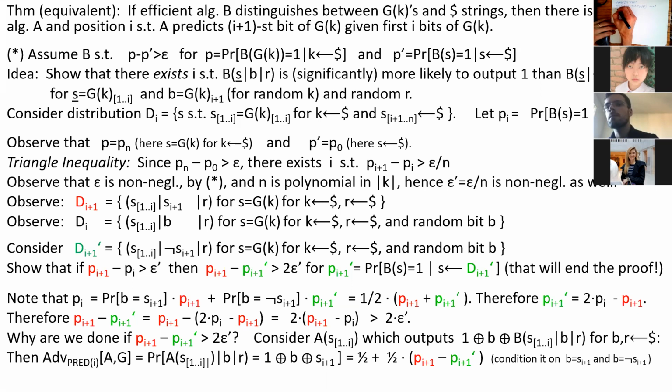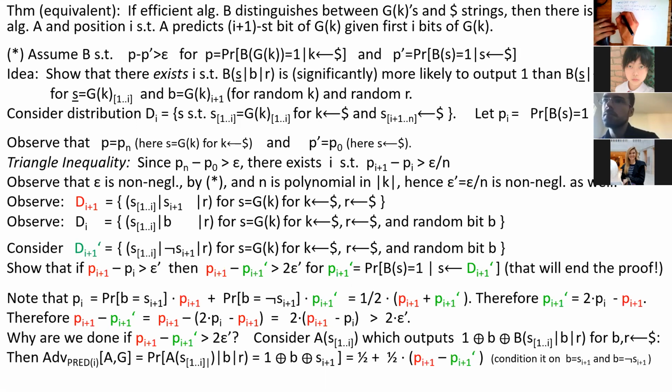Then we know that pi plus 1 minus pi plus 1 prime, this was the red and this was the green, is at least 2 epsilon prime, and epsilon prime is non-negligible.